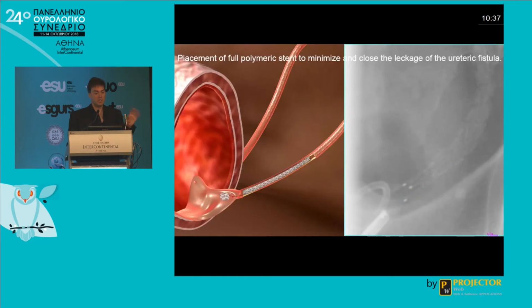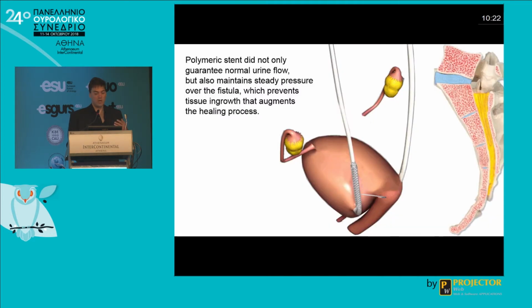It's like a hard stent, nitinol covered around, and then in the same moment the leakage is closed, and the fistula will be dry, because after 6 to 8 weeks all the wound healing is done, and you don't need any more treatment for it.